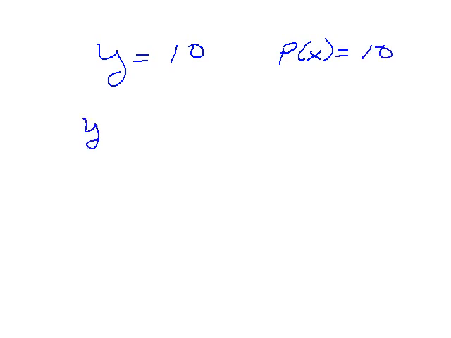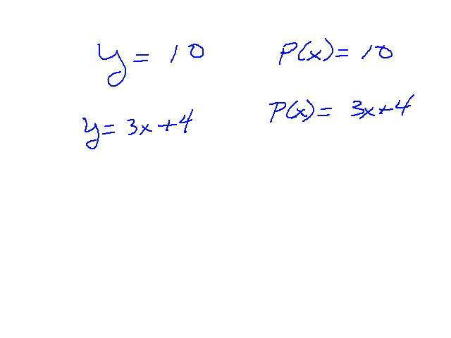Some polynomials you're already familiar with, but they weren't called polynomials in the past. If you had a function, for example, y equals 10, that is a polynomial. You could write it that way. It's a constant polynomial. The linear function, say 3x plus 4, that's a polynomial. 3x is a monomial, 4 is a monomial, so you could write this as a polynomial.